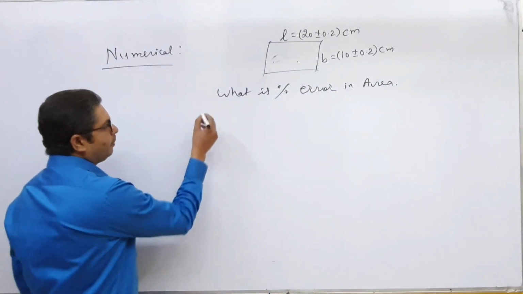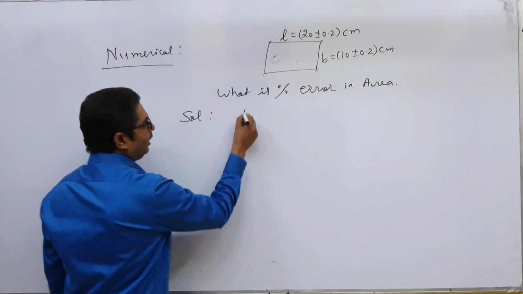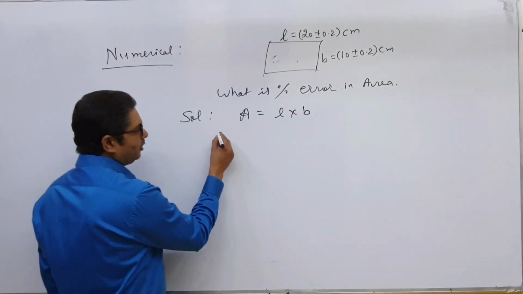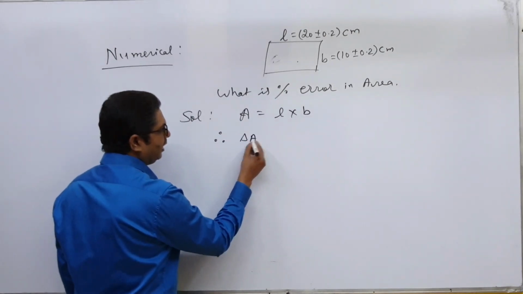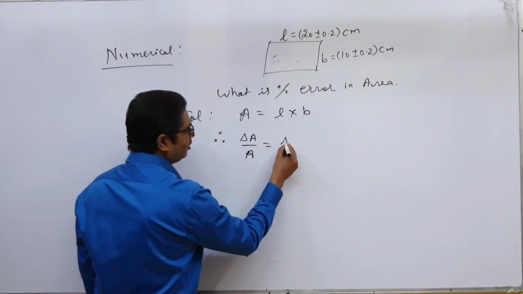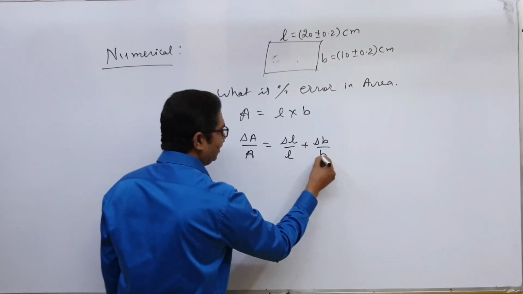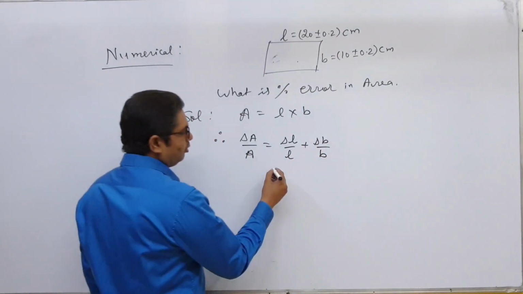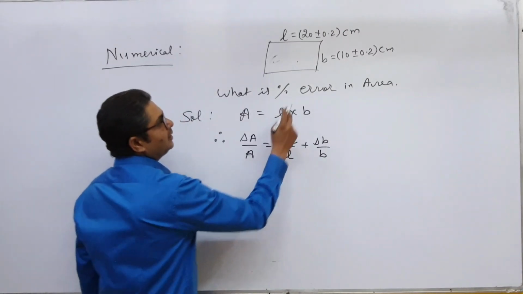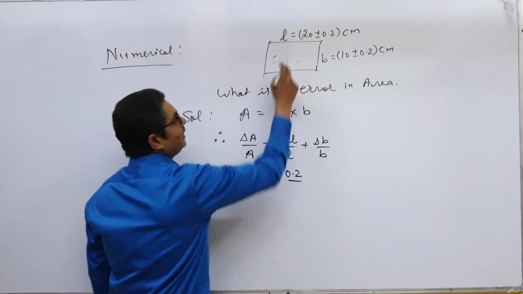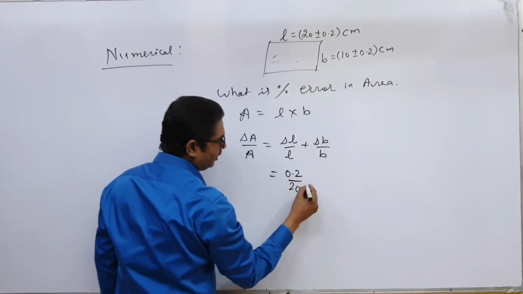We all know that area is equals to length into breadth. So therefore delta A upon A is equals to delta L upon L plus delta B upon B. Now delta L is 0.2 and L is 20.